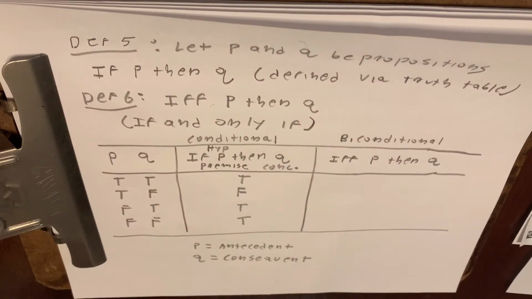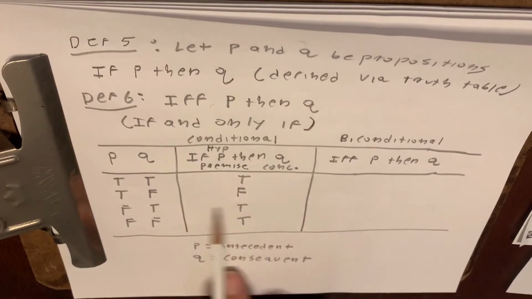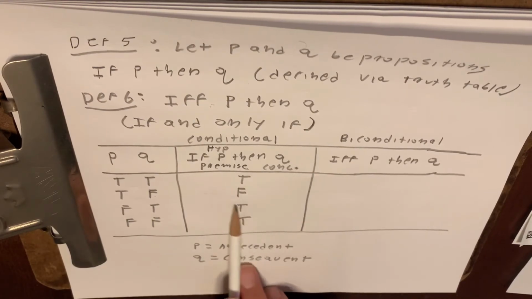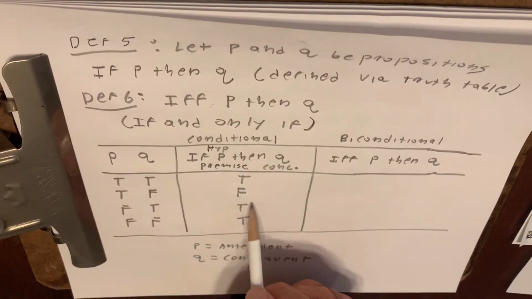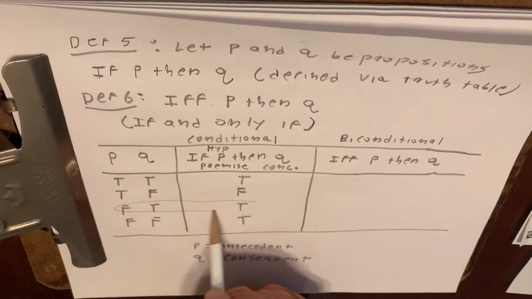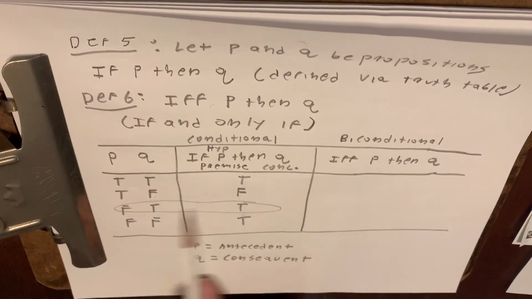Now, you're probably going to ask yourself, why is that? That's a whole separate video. I will do a whole separate video on why these are the ones that confuse students. Probably this third line of the truth table is the one that confuses college students who are seeing symbolic logic for the first time the most.